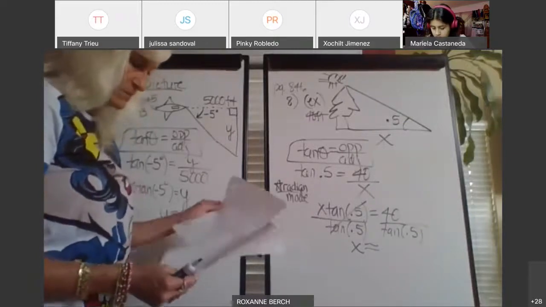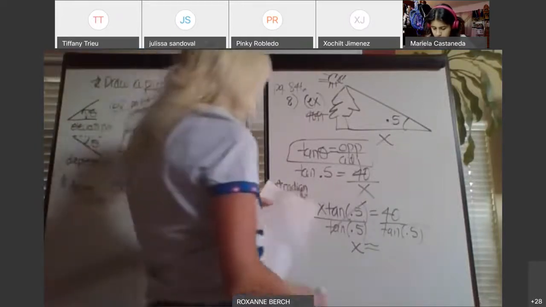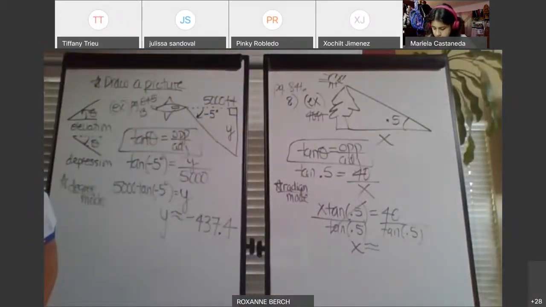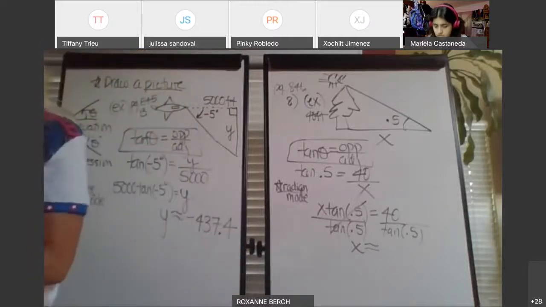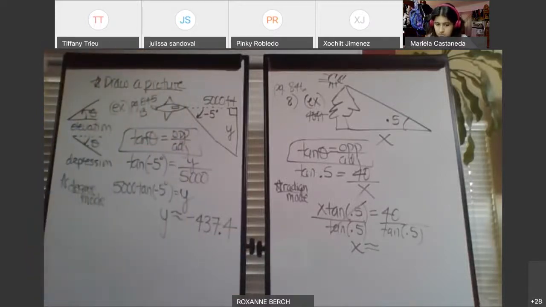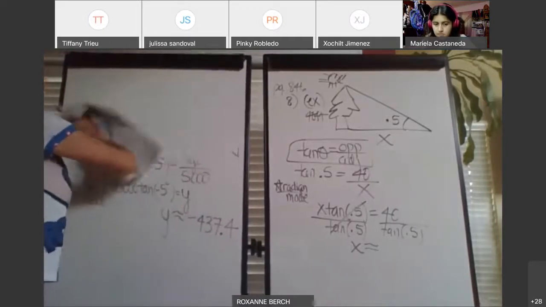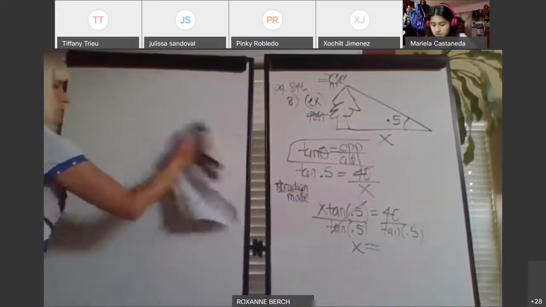Go ahead, somebody tell me. They didn't tell you how to round, so round however you want. So what would that be? 73.219.